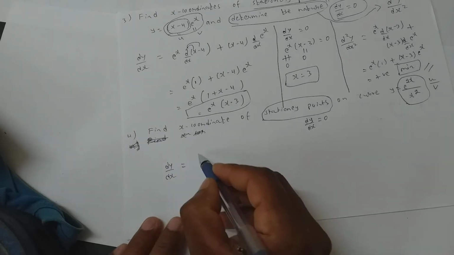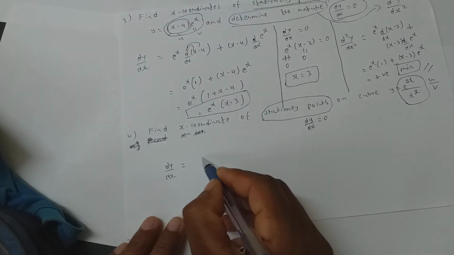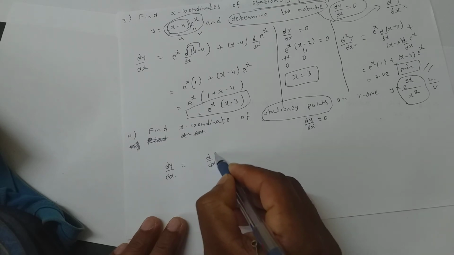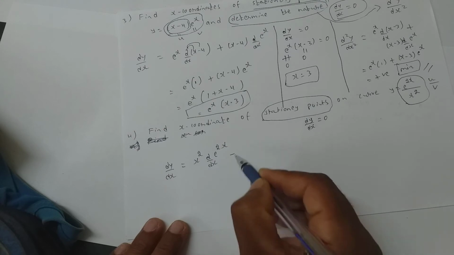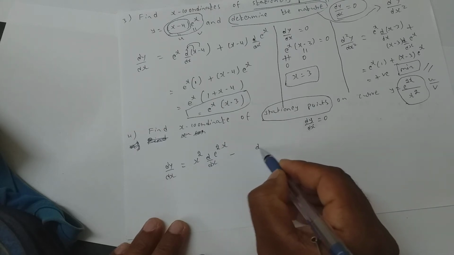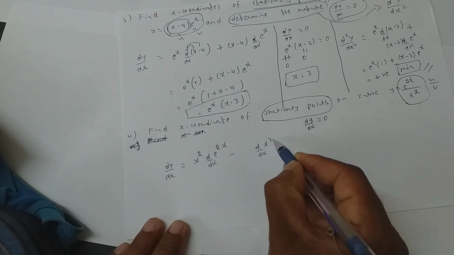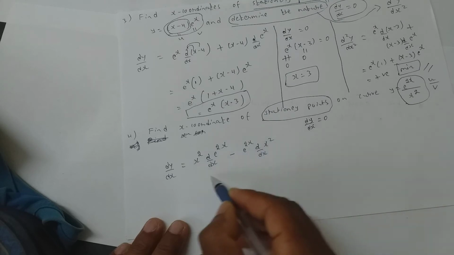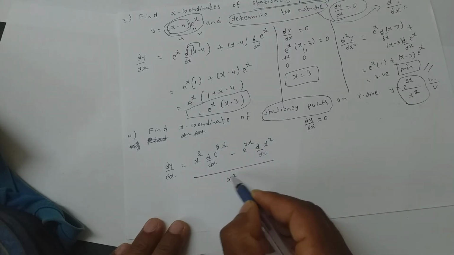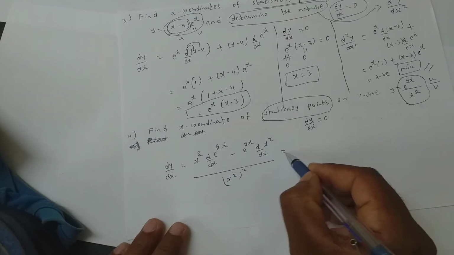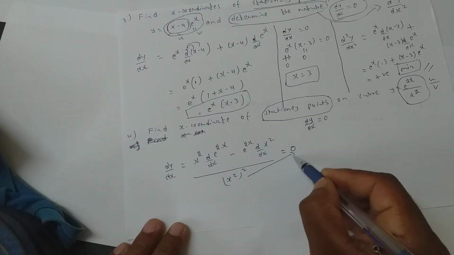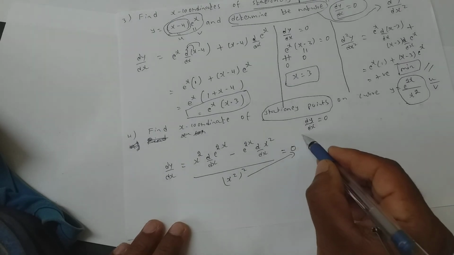So it becomes, differentiate the numerator first in u by v rule at all times. E power 2x minus, now differentiate the denominator, which is x square, e power 2x as it is, by x square whole square. Since it's a stationary point, I equate it to 0. So directly this goes to that side, it becomes 0.